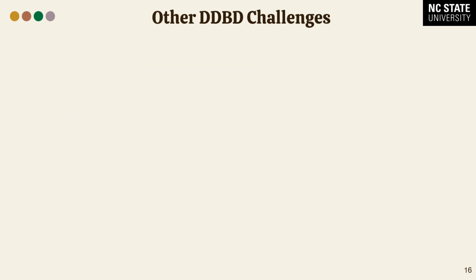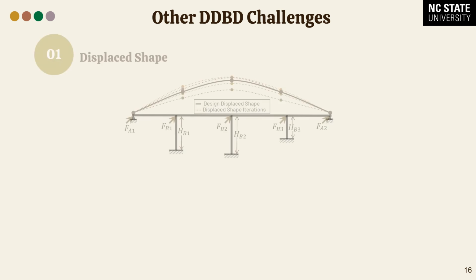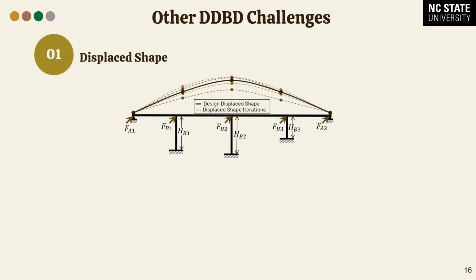Other challenges in the DDBD that we're currently looking at are also the displacement shape. So in the case of transverse design of bridges, there is the iterative nature of the procedure where we start with a guess of displacement shape, and then we conduct several iterations until this shape converges. So we're looking at simplifying this so that it's more broadly applied, or easier to apply the method.